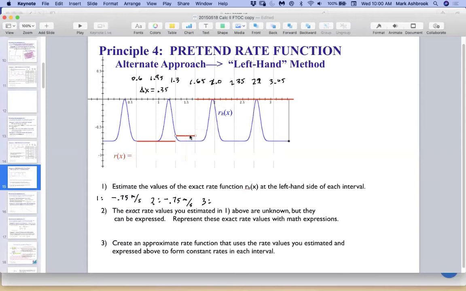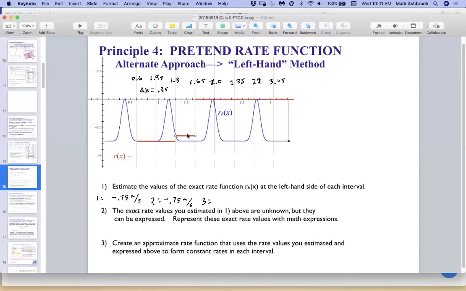How'd I do? Pretty good? Perfect. So what would we say? Negative 0.7 or negative 0.65 or something like that? Negative 0.65. Do you see that? Yeah.